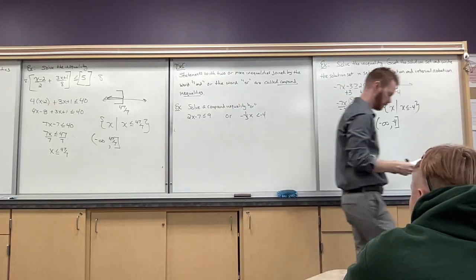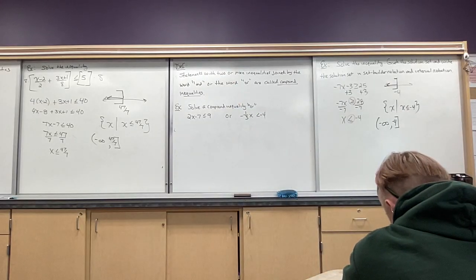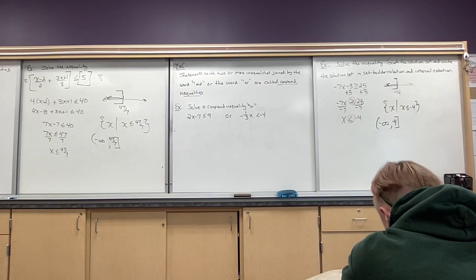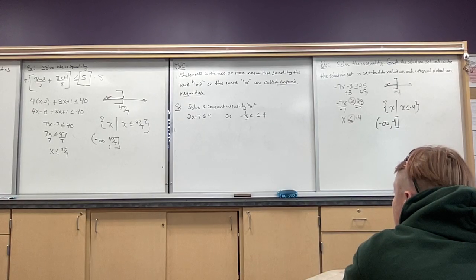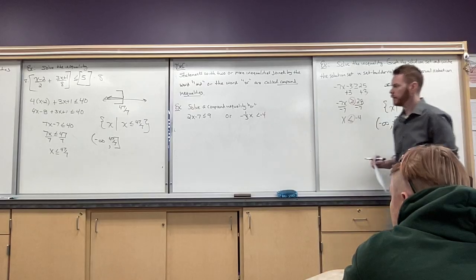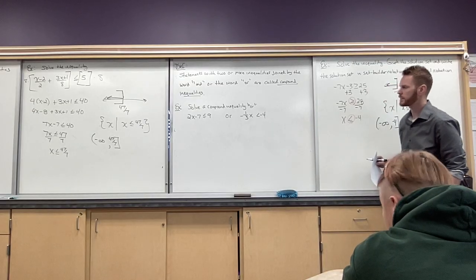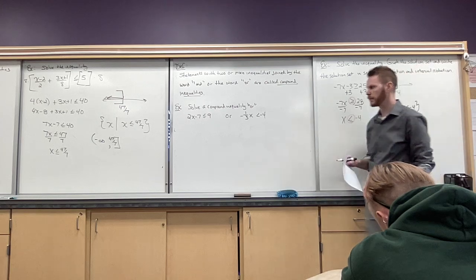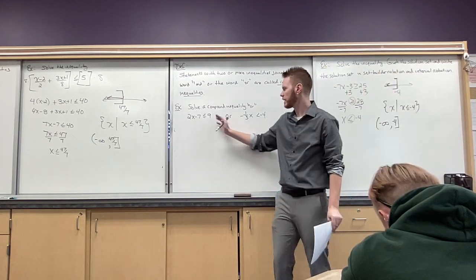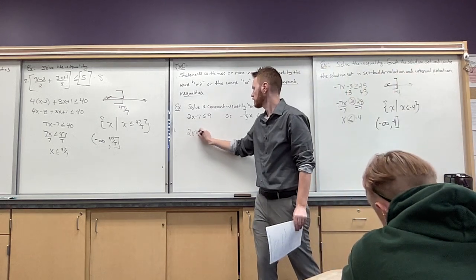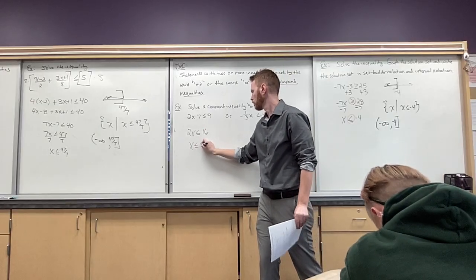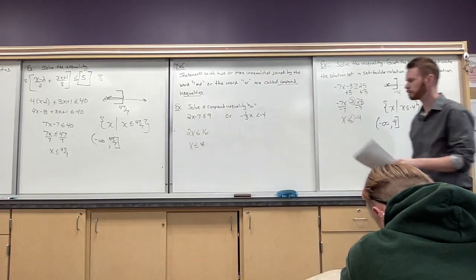Well, if you see an OR, that's telling me that I'm gonna have to solve these separately at first, and then see what the answer is gonna give me. So on this side, I'm gonna add the 7, so 2x less than or equal to 16. We'll divide, we get 8 for that.